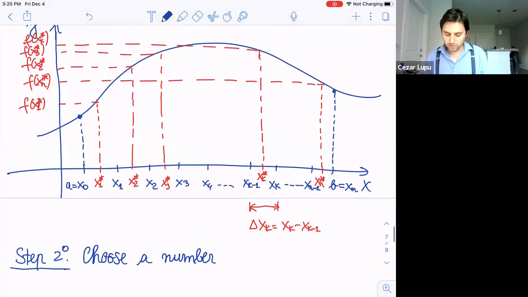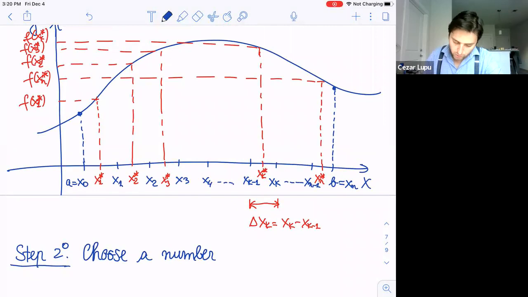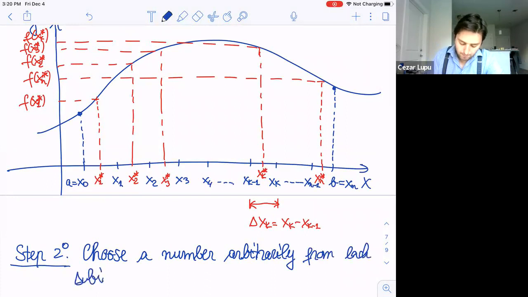I want you to look at the picture because we're going to choose a number arbitrarily, so arbitrarily from each subinterval. Well, as you can see in the interval x0, x1, we're going to choose x1 star. In the subinterval x1, x2, we're going to choose x2 star, and so on, right?